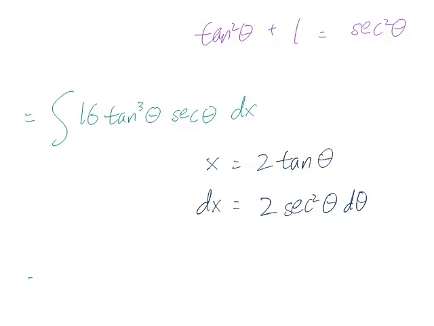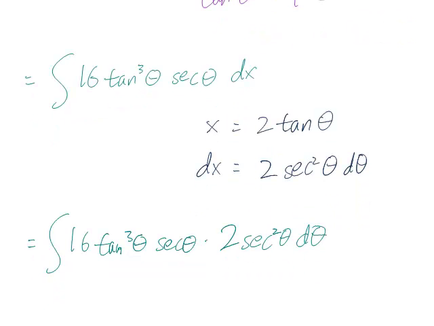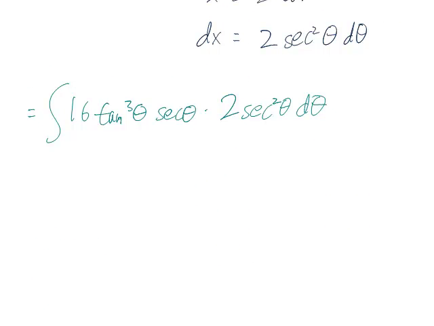And so this is going to be 16 tangent cubed secant times 2 secant squared d theta. And we can combine these to get the integral of 16 tangent cubed secant cubed. Oops, it's not 16, it's 32.